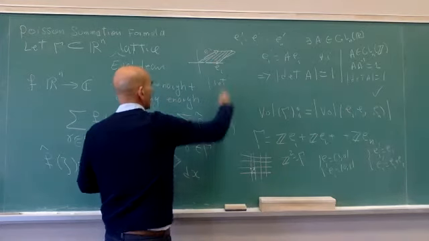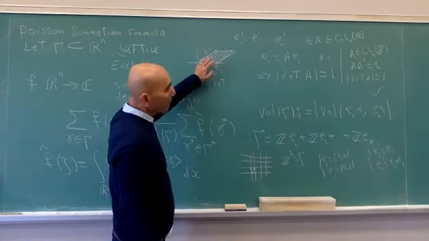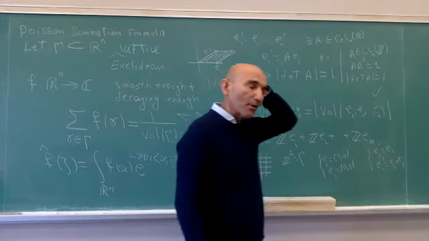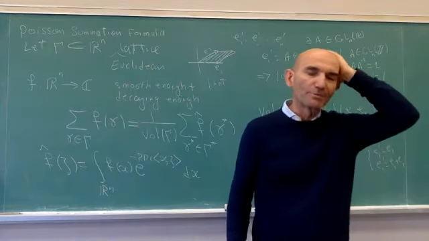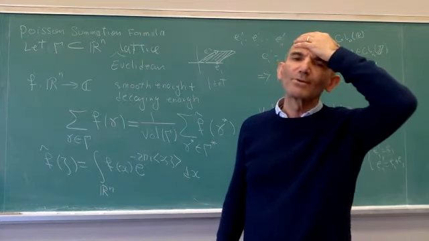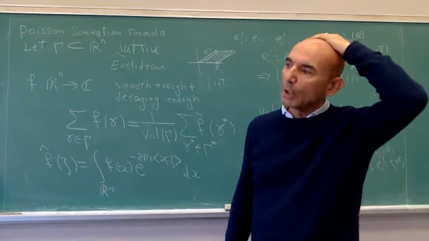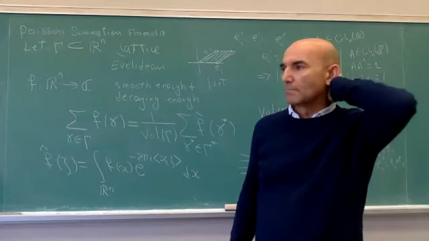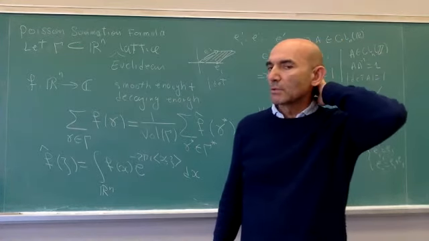It's a compact subset of Rn, so it has a volume, so you can take its volume. Any other questions?